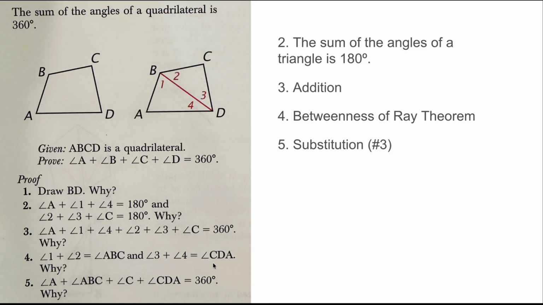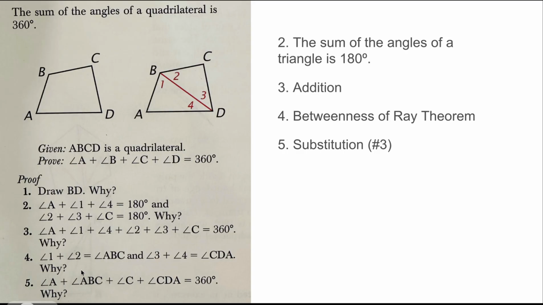So if we look up at number 3, do you see how 2 and 3 and C and ABC, so ABC is equaling their addition. Okay, and so angles 1 and 2 equal ABC.